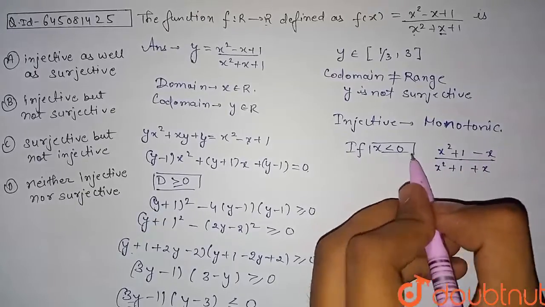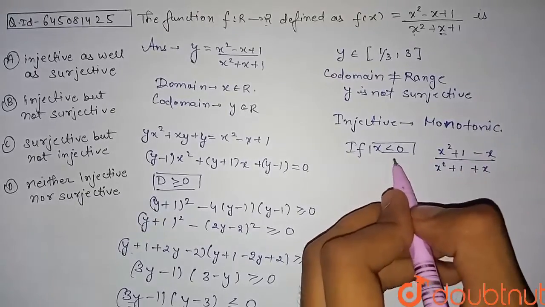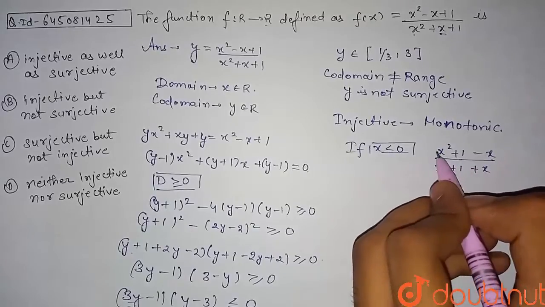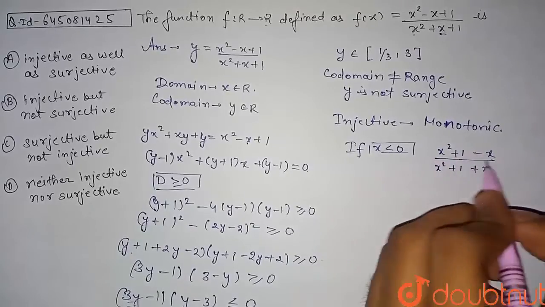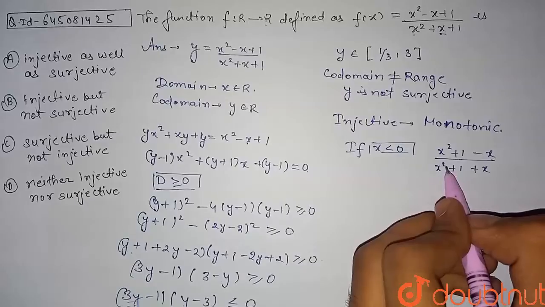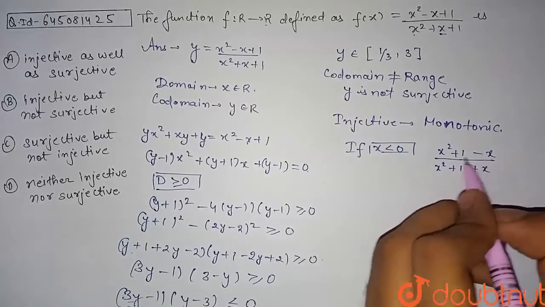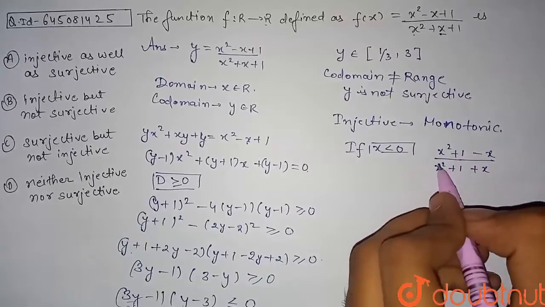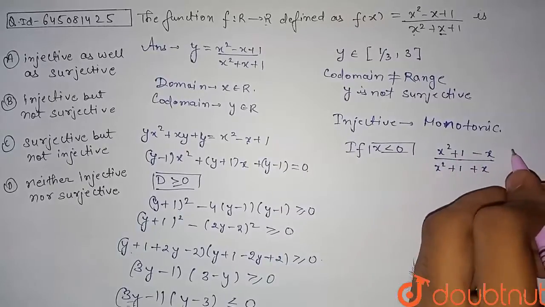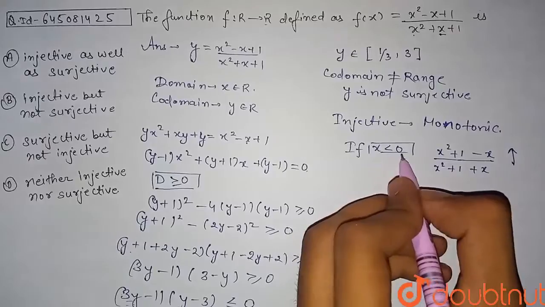So for x less than 0, if we increase the value of x, then this numerator will increase, because the negative sign becomes positive, and the denominator will decrease. So the function will increase for x less than 0.